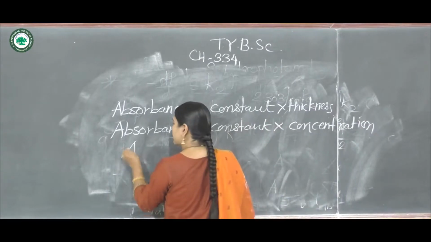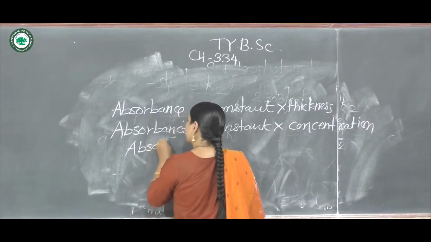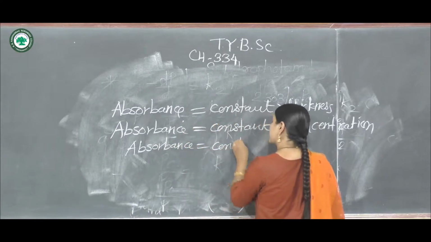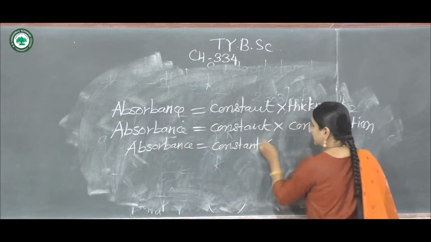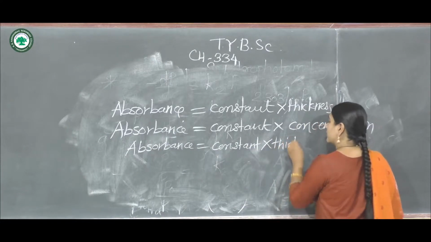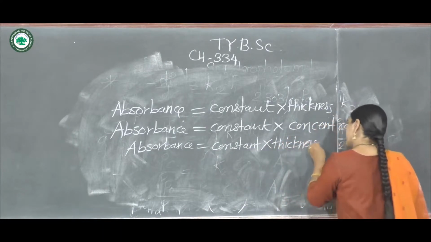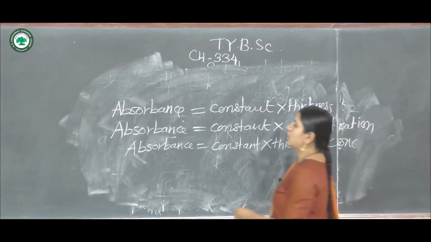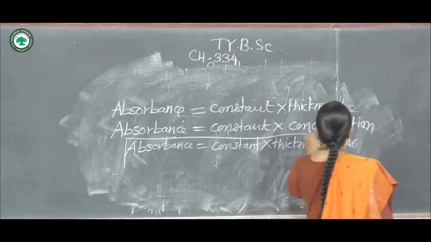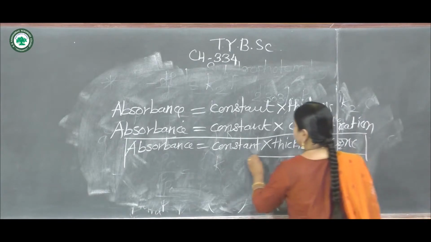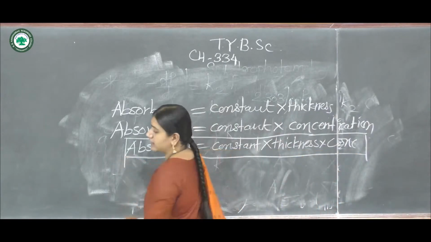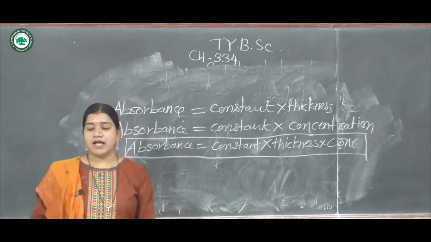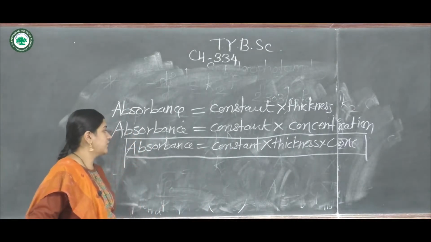Absorbance is equal to constant into thickness into concentration. So here you will get the relationship between the radiant power as a function of the thickness of the medium as well as the concentration of the medium.